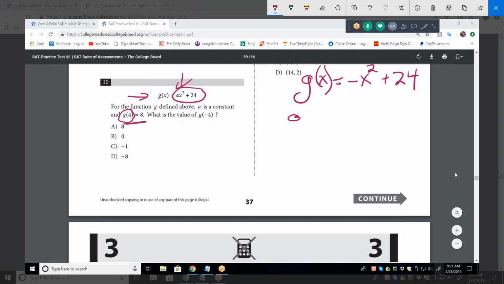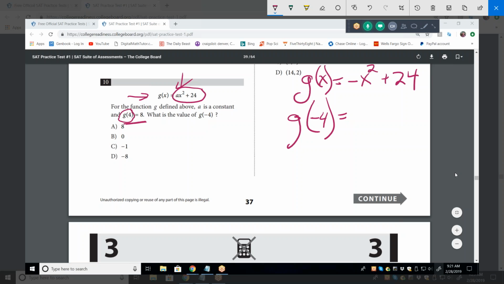In other words, they're testing a lot of different principles on each of these questions. But the principle is the same. Whatever is in the parentheses, you plug it in for x. So tell me what to write on the right side of this. And I want you to do it step by step. I don't want you to do anything in your head. Just do a direct substitution.